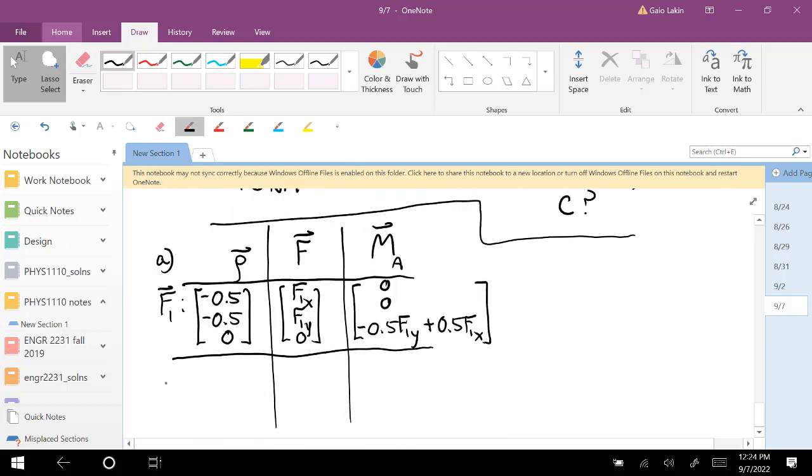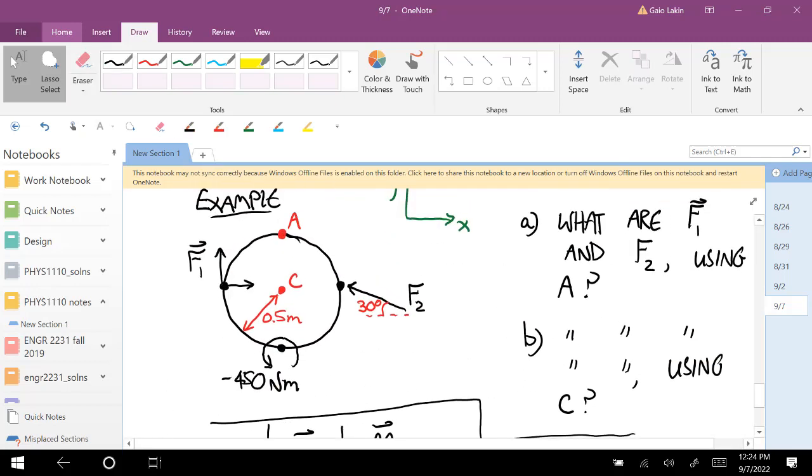So now we'll go to this force F2, where we know the direction. What's the row vector? So our about point is A. The row vector is the vector from A to where F2 is applied. I think maybe you're going from F2 to A. You have to go from A to it. So you have the right idea, but those are both switched.